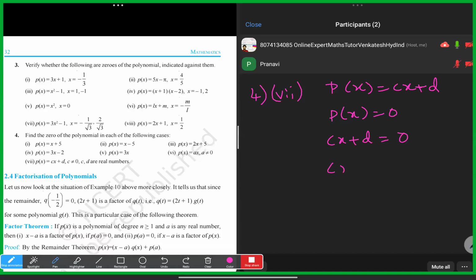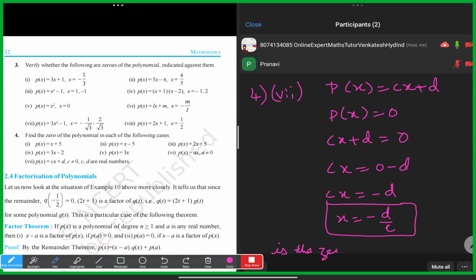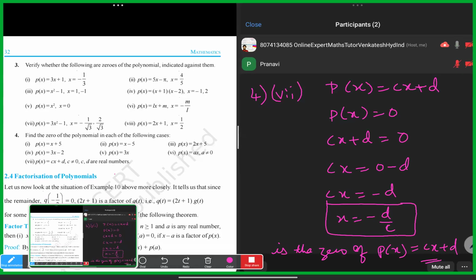And cx is equal to 0 minus d, so x is equal to minus d by c. This is the zero of p of x. So the zeros of the polynomial are completed.